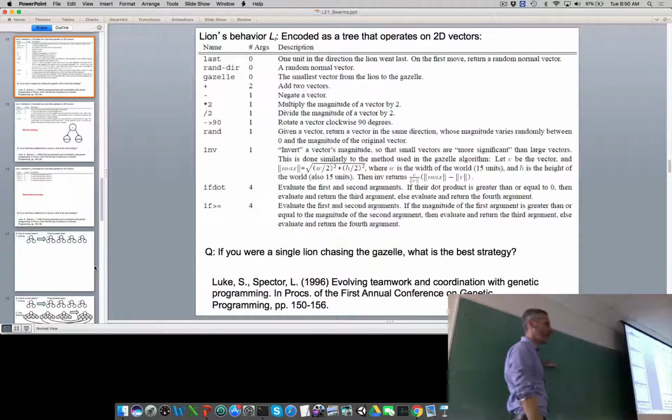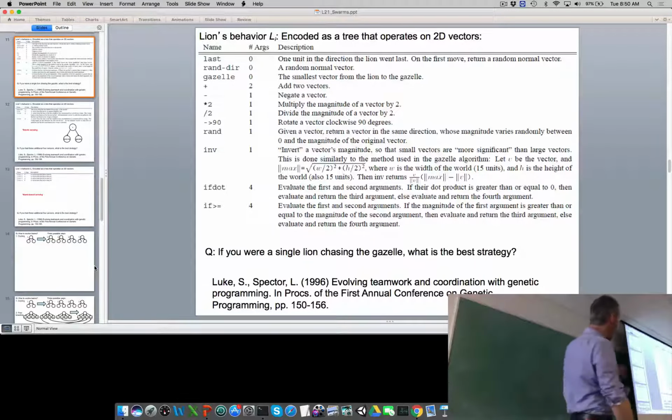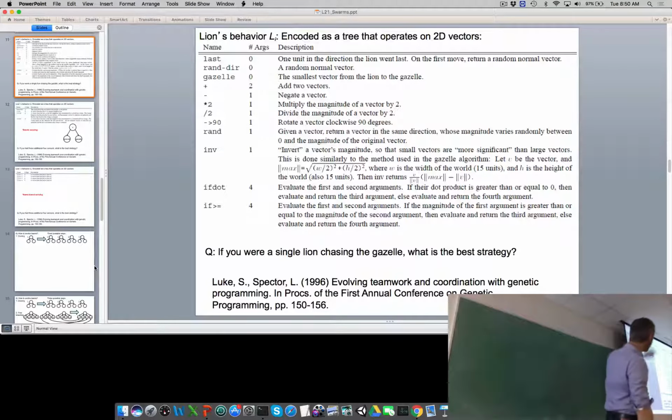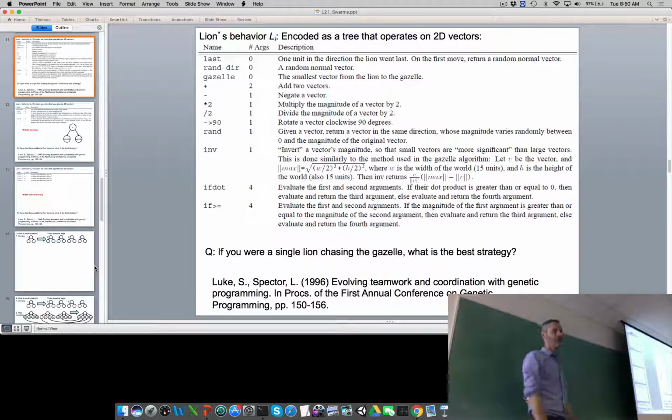Gazelle has 0 arguments, so I'm done here. I go to this empty node here, reach back into this bag, and select one of these nodes at random. And let's imagine that I grab the random direction node, which also has 0 arguments. So I'm done creating this tree.